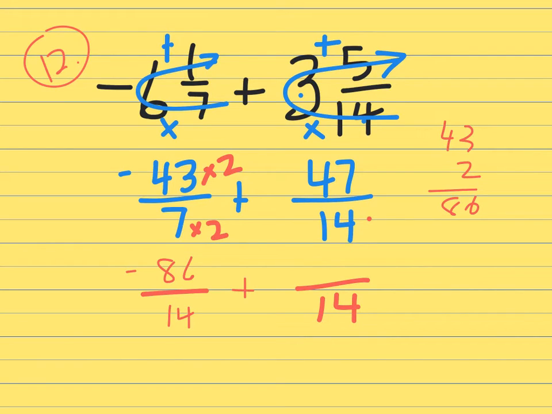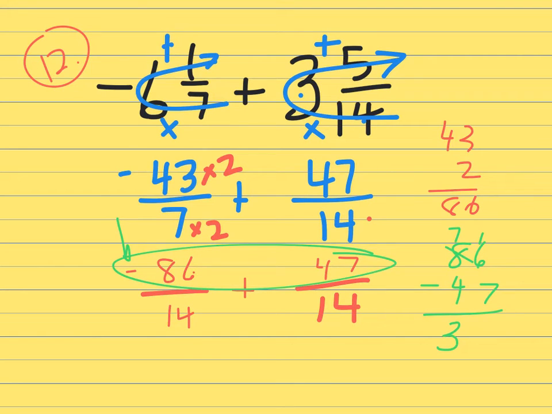Negative 47. So now I have to find the difference between these two values because there's a negative. So 86 minus 47, 39, 14ths, negative because there's more negative there.